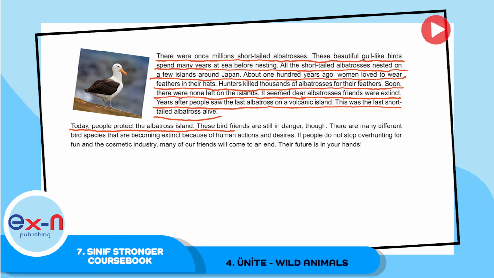These bird friends are still in danger, though. There are many different bird species that are becoming extinct because of human actions and desires. If people do not stop overhunting for fun and the cosmetic industry, many of our friends will come to an end. Their future is in your hands.